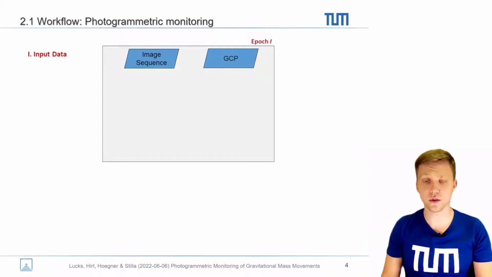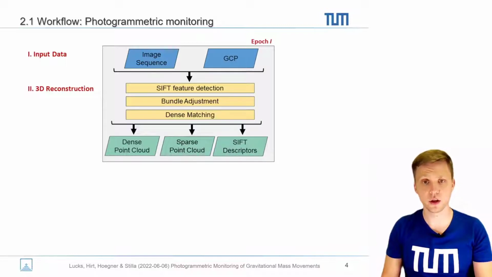On this slide, I would like to show you our workflow. For one epoch, our input data consists of a sequence of overlapping images and some additional ground control points. On the basis of this data, we perform a 3D reconstruction. To that aim, we follow the standard workflow of structure-from-motion approaches.